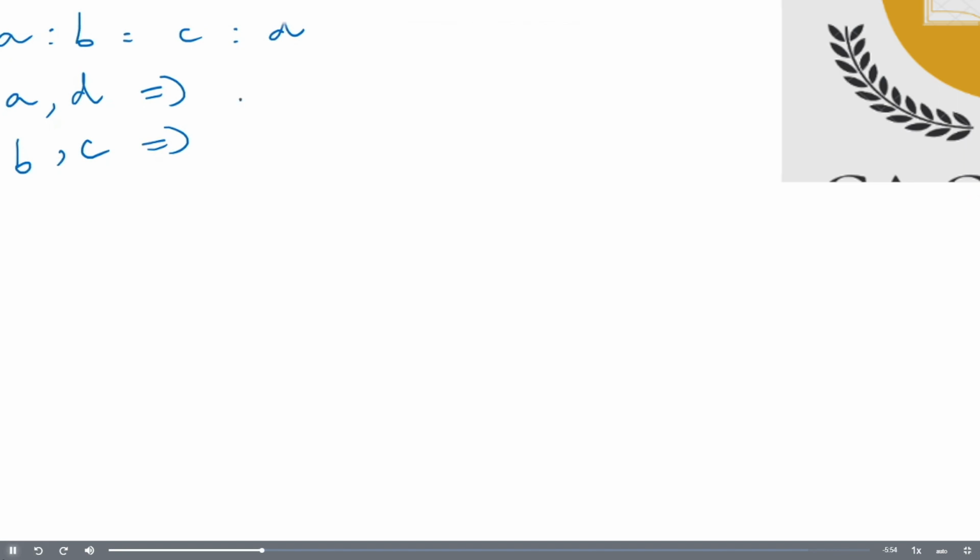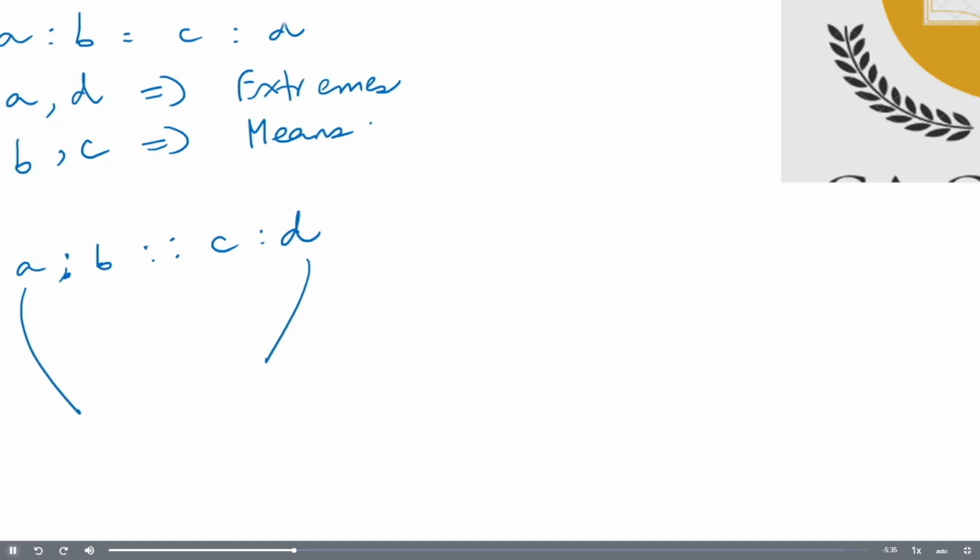So A and D, which are at the extreme, are called extremes, and B and C, which are in the middle, are called means.